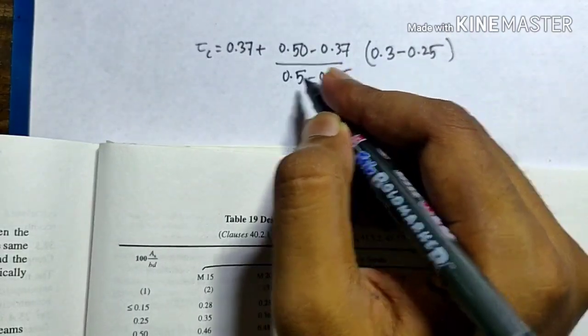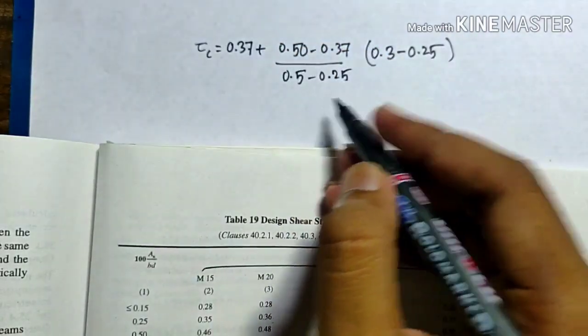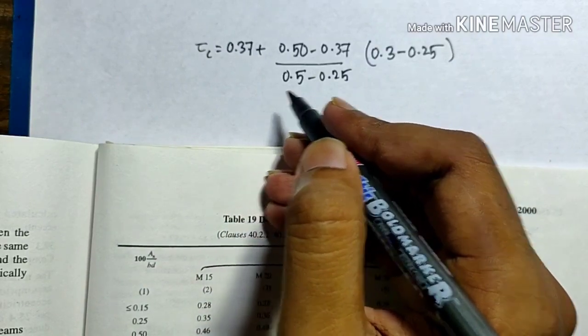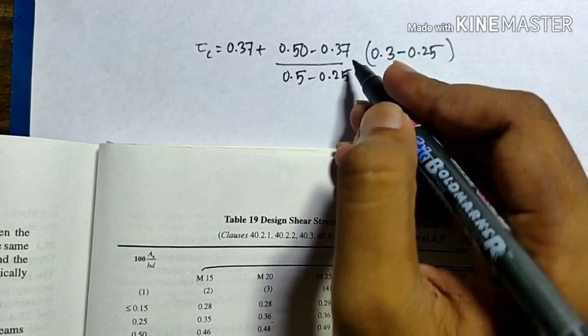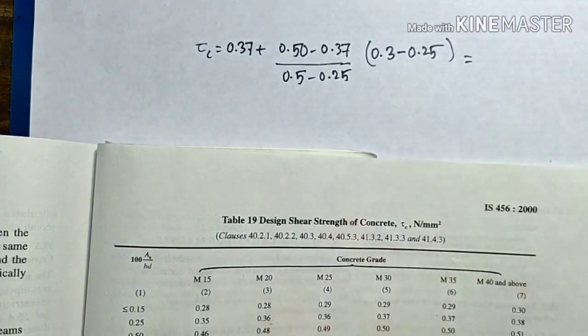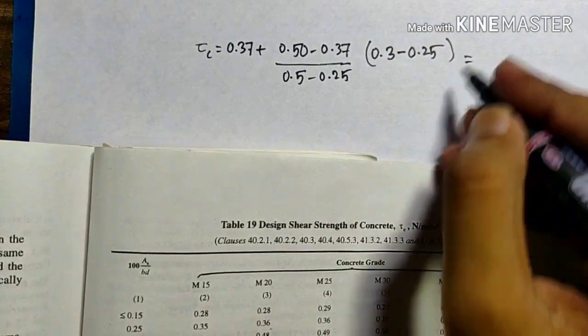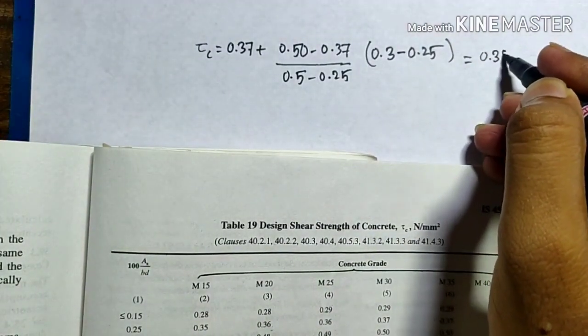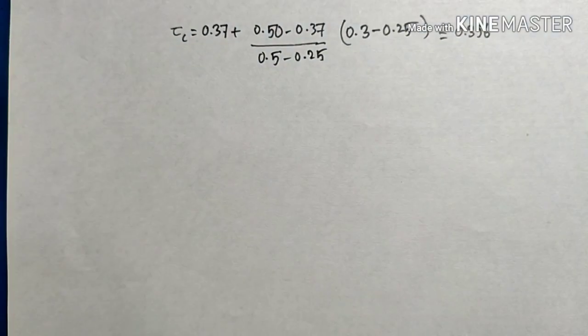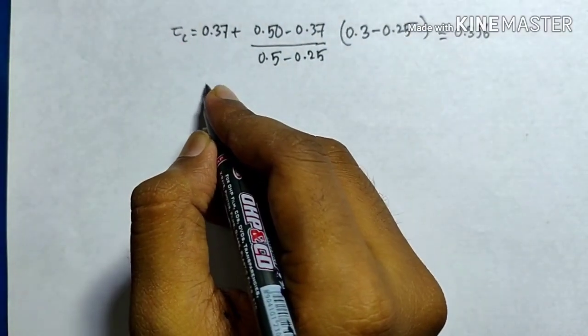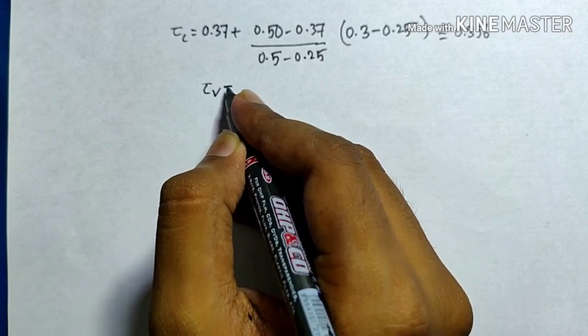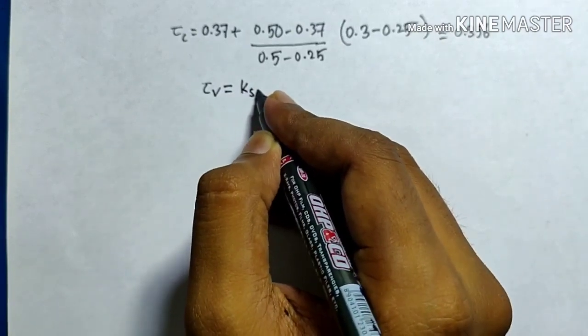You can do the interpolation by using a calculator also. If you want to learn, then check out the link in the description. Put the value of tau c. We will get tau c equals to 0.396. Now in shear, our tau v must be equal to ks times tau c.